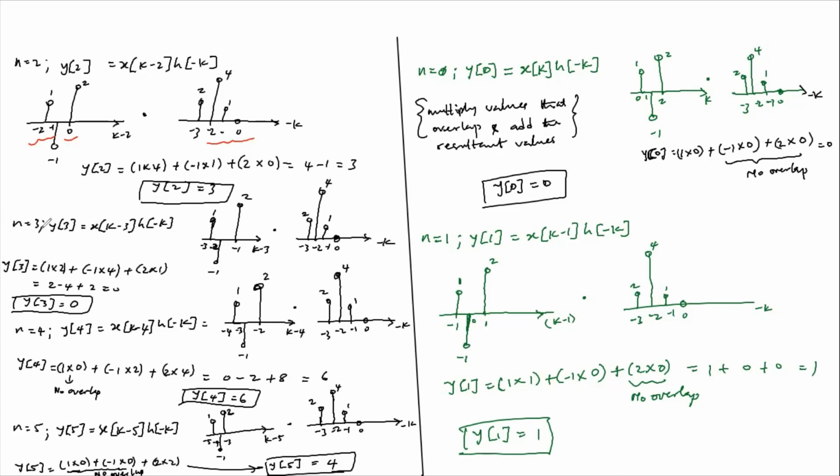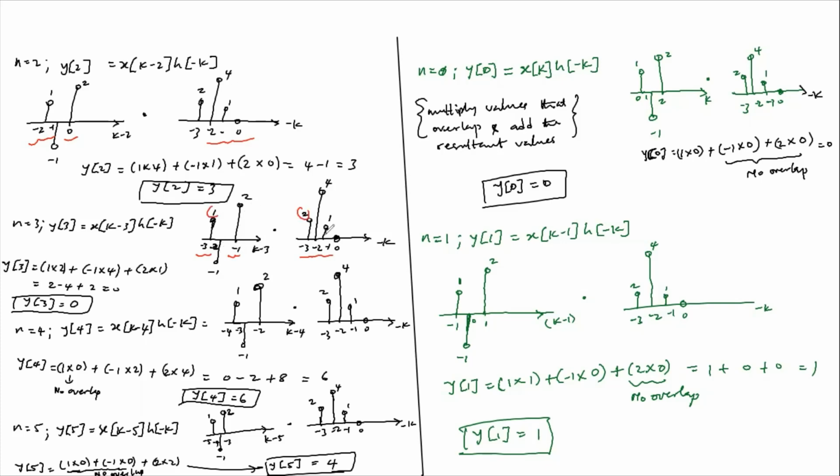So at n being the same as 3, we have s of k minus 3, h of minus k. So this is minus 3, minus 2, minus 1. And then you see that minus 3, minus 2, minus 1 coincides with minus 3, minus 2, minus 1. So there's an overlap there. So at minus 3, it is 1 times 2.